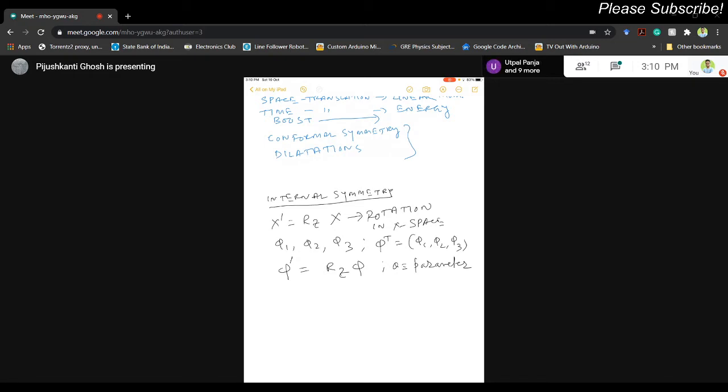If you identify phi 1 with x direction in the field space, nothing to do with the coordinate space, phi 2 as the y direction, phi 3 as the z direction, and phi prime equals R_z phi, that means basically you are considering some transformation like this.